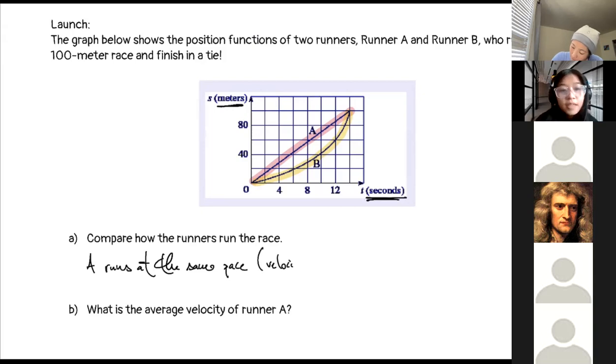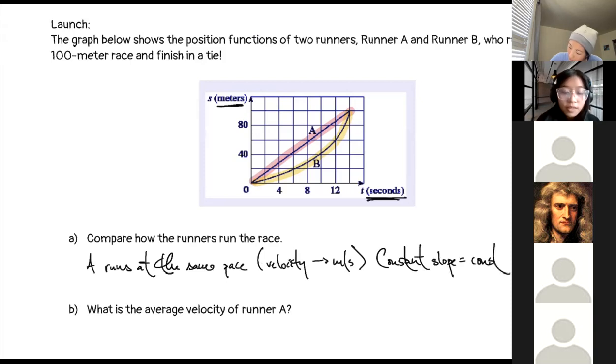Because it's a constant line, it's like a linear slope. We know that it's a constant velocity since it's straight, and the more meters you go, the more seconds pass, and there's no change. Versus in runner B, there's a change in velocity, meaning that person accelerated.